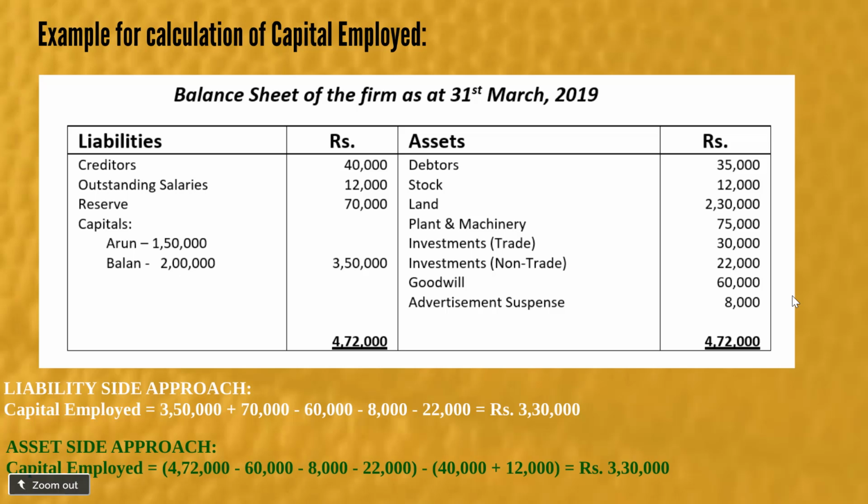We have a balance sheet of the firm which is given as at 31st March 2019. Now from this balance sheet, we will calculate the capital employed beginning with the liability side approach, and then we will go on to calculate the capital employed using the asset side approach.